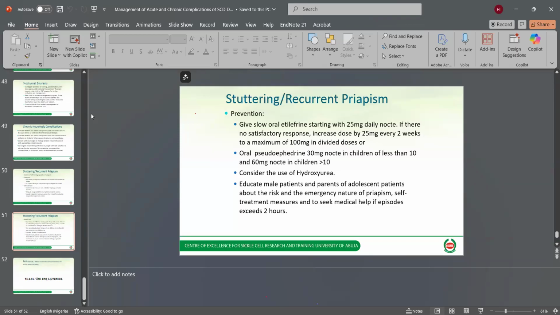Hydroxyurea is also known to improve red cell hydration. So by this form of modification, patients can do better. But the ultimate is gene therapy, which will actually correct the gene mutation that occurred and led to sickle cell disease. Thank you.